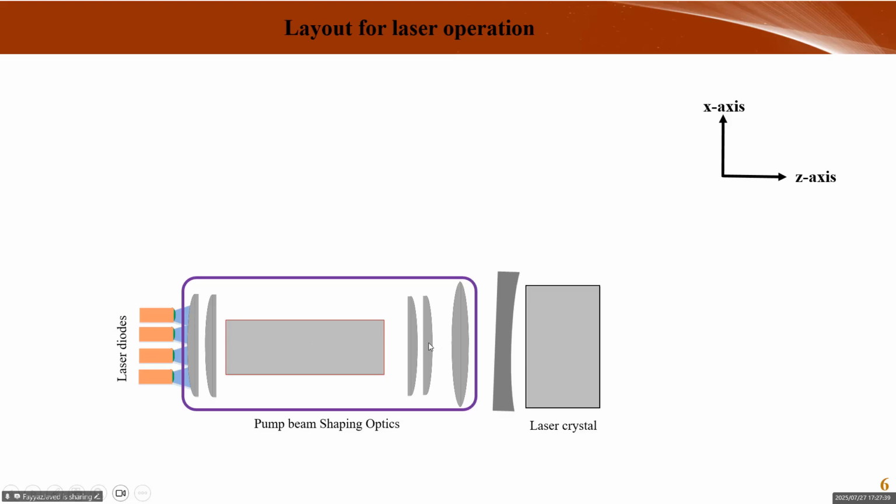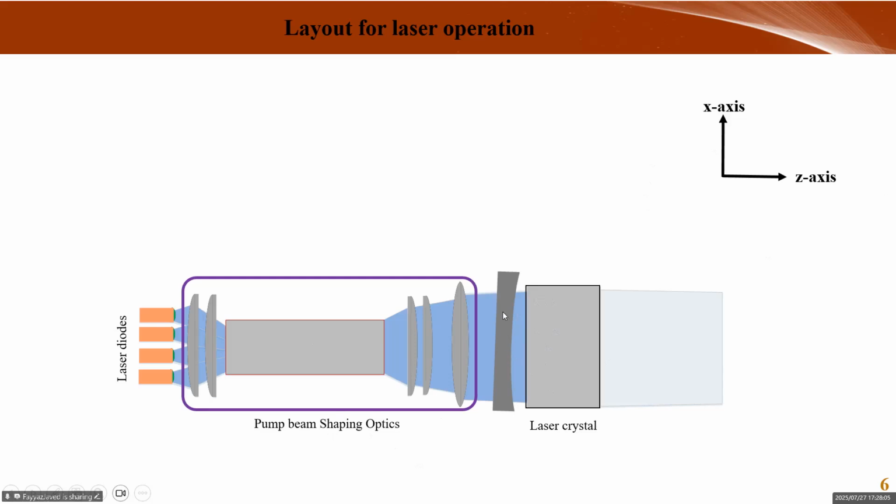A cylindrical lens again shapes it in one dimension, and the spherical lens matches it to the laser crystal. So here you see the laser crystal, and the dimension I have shown is the x-axis. It is completely filled along almost over 95% of this slab crystal along the horizontal direction.